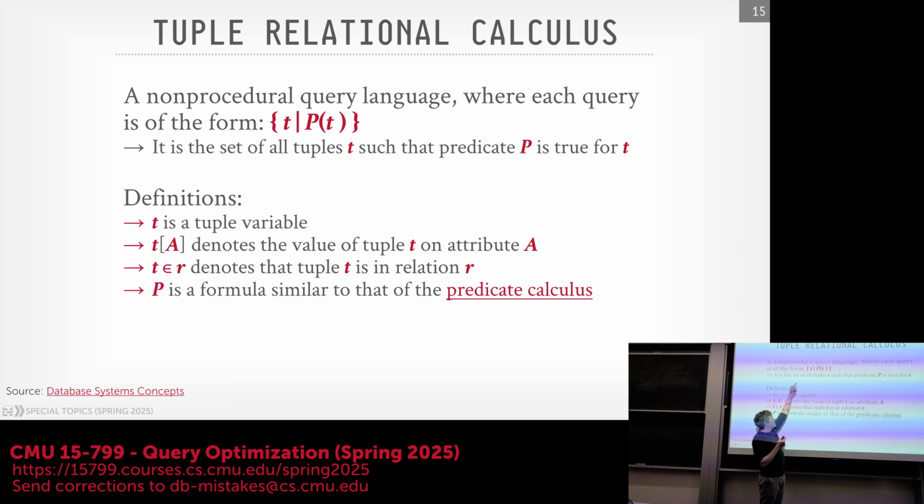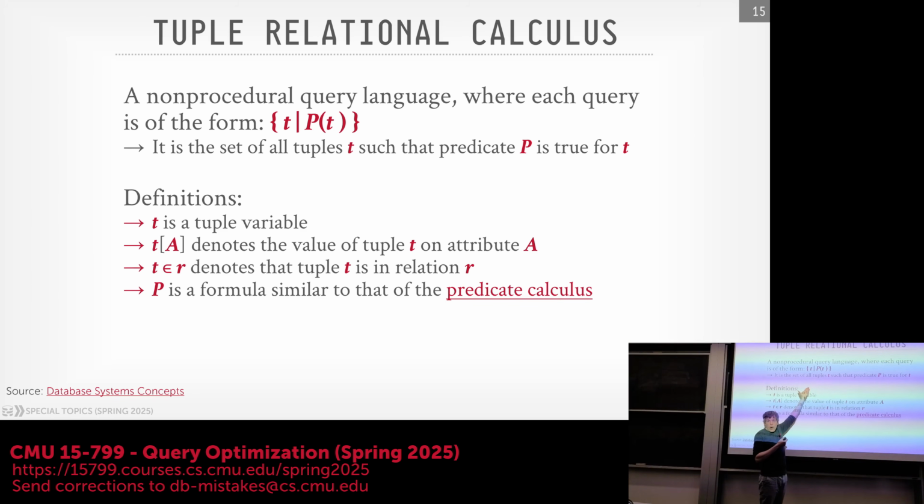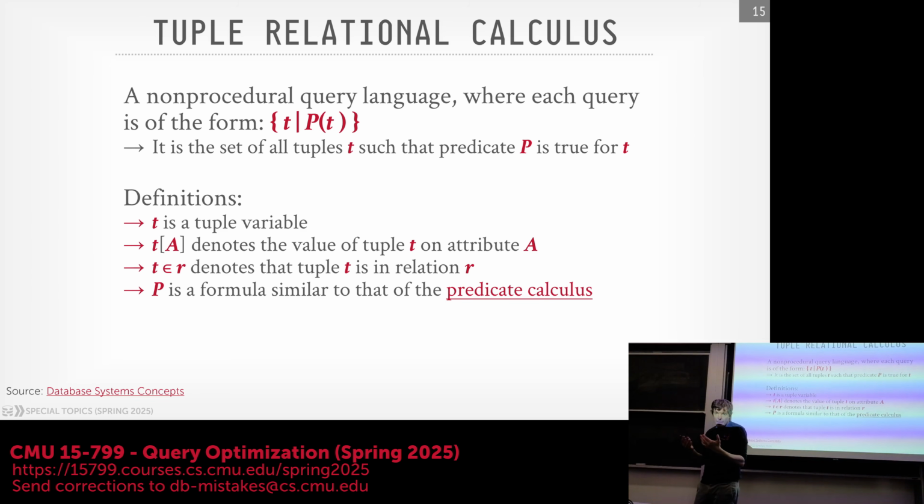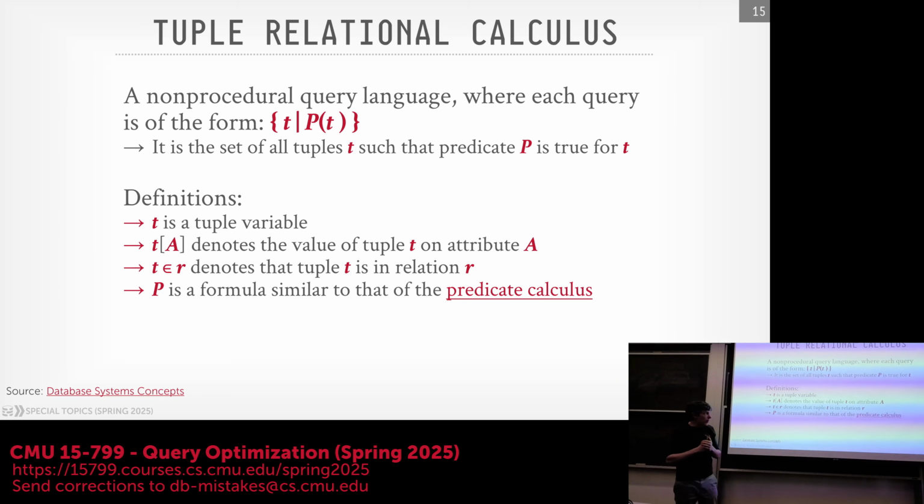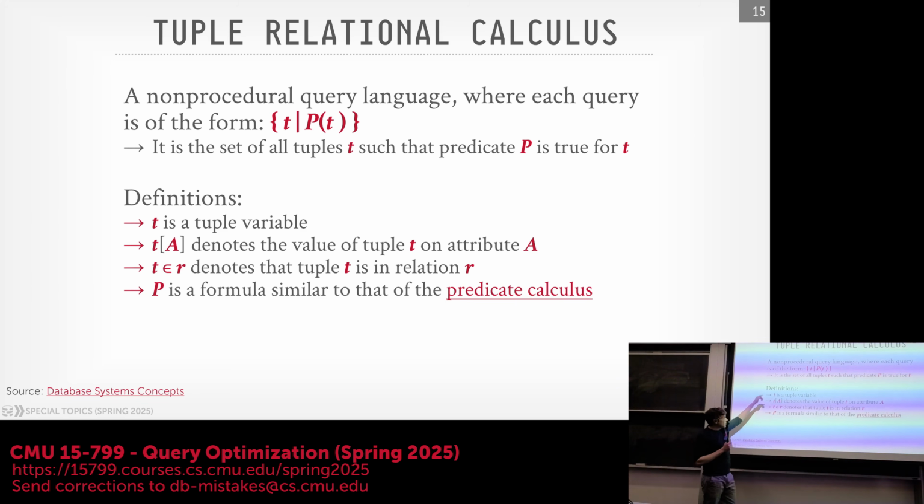So the basic form of a relational calculus query, this is the most watered down version, is that you're going to find some tuple T that comes from some predicate P on that T. And that's just the qualifier to say, if a tuple from some input, which I haven't defined, matches this predicate, then I can put it as part of my output tuple. So T is just a tuple variable.